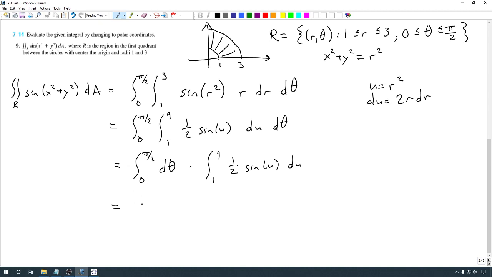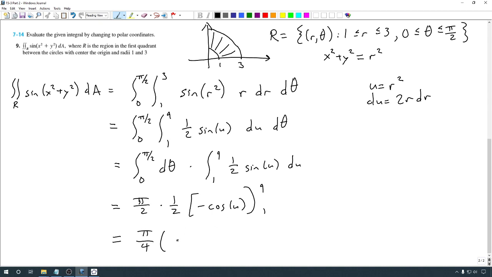And in fact, this just turns into pi over 2. This part over here, actually I'll pull out the 1/2, but the integral of sine is negative cosine. We're taking that from 1 to 9. If we combine those, we get a pi over 4.